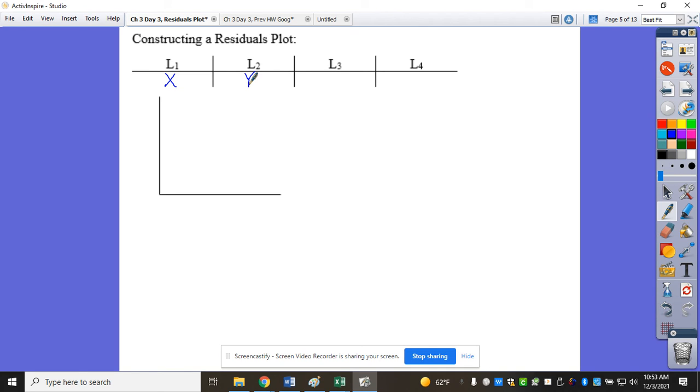Are either one of these observed or predicted? It's our predicted what? Outcome. For which variable? I always try to predict the response. Is this my observed response or my predicted response?